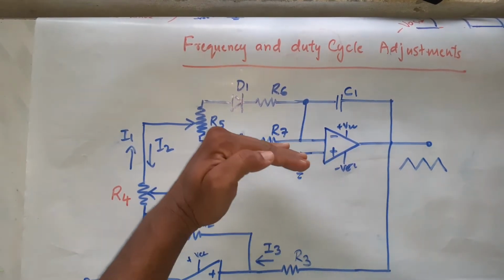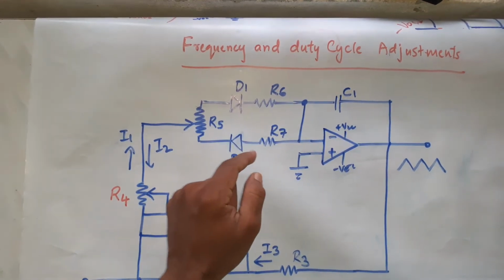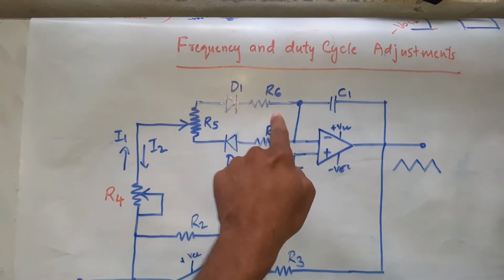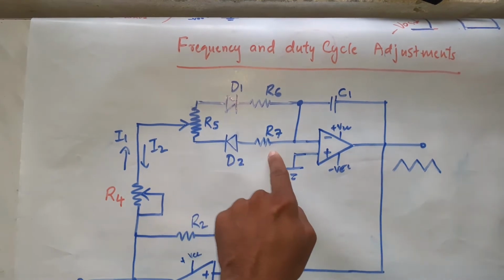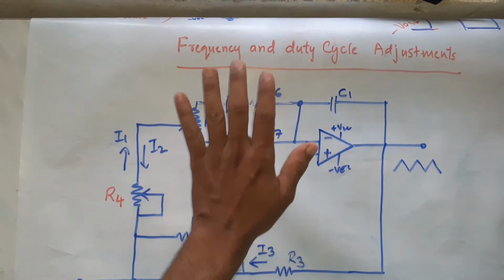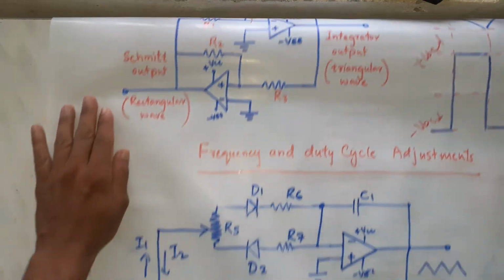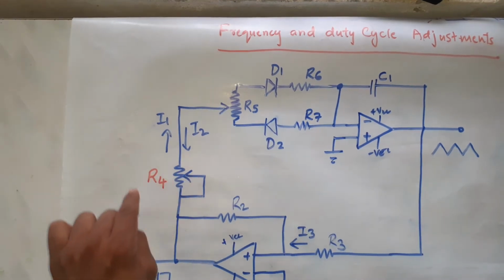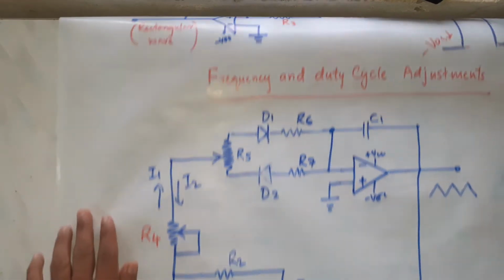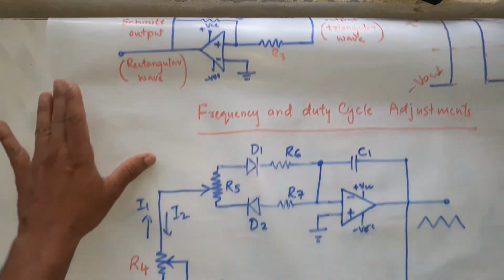It means two parallel branches are kept here: D1 with R6, D2 with R7, and R5 for this extra branch. And a variable resistor R4 is added here. I will tell you the purpose.